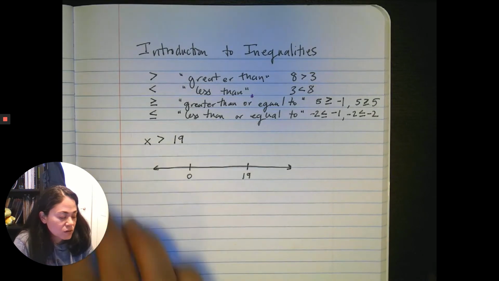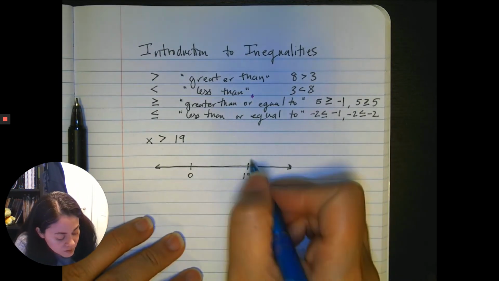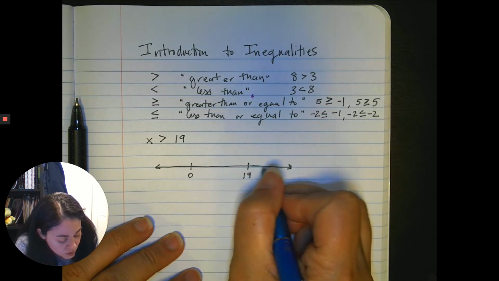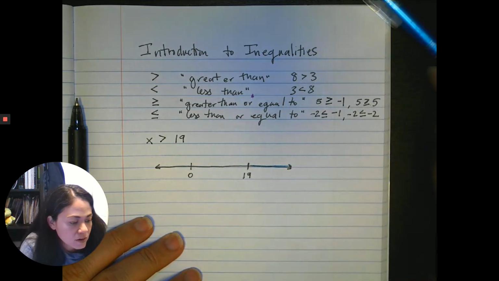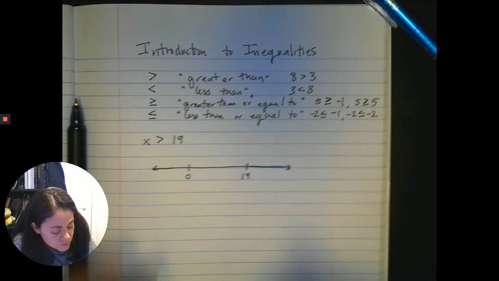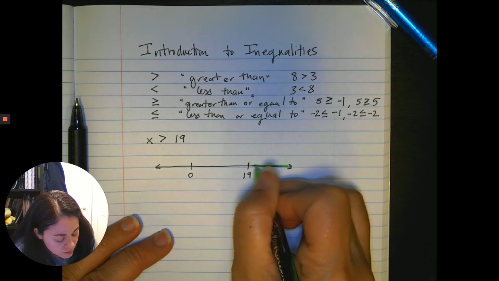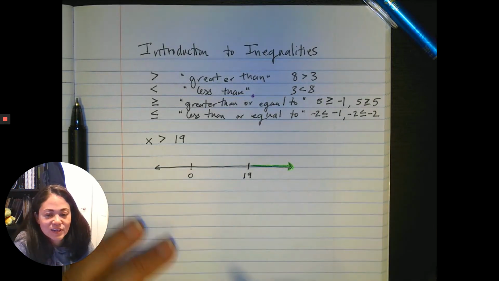And what we do is we say that the numbers that are possible are all the numbers that go in this direction. Let me use a brighter pen for this situation. Oh, there we go. You should be able to see that. All the numbers that go in this direction and all the way to infinity, positive infinity, would work.